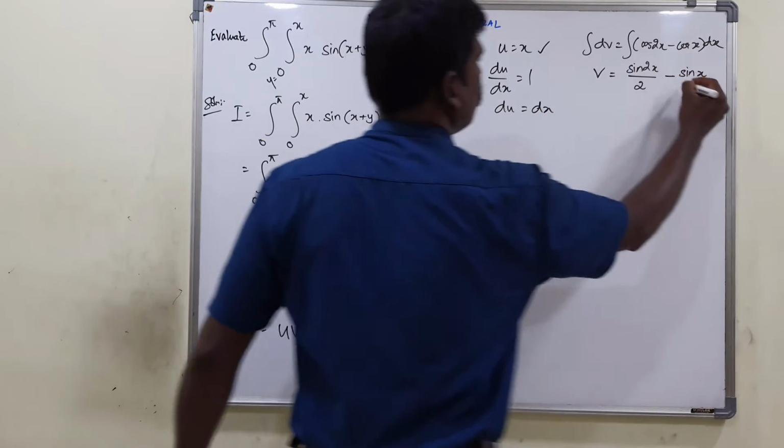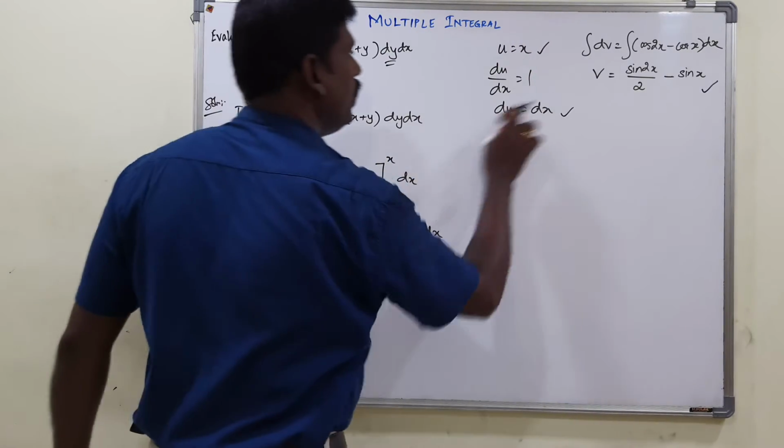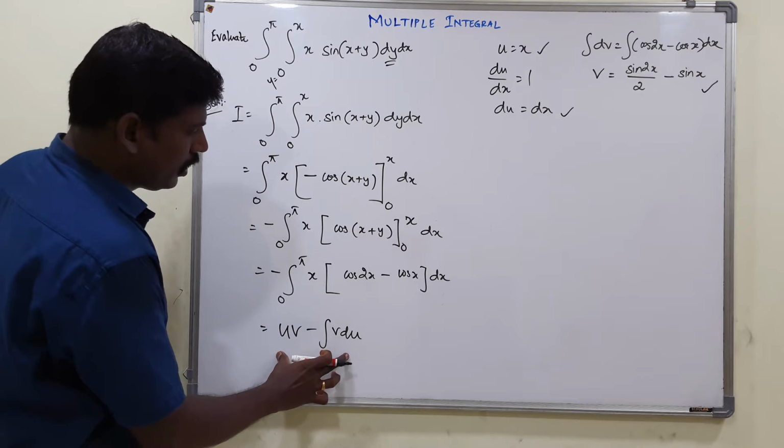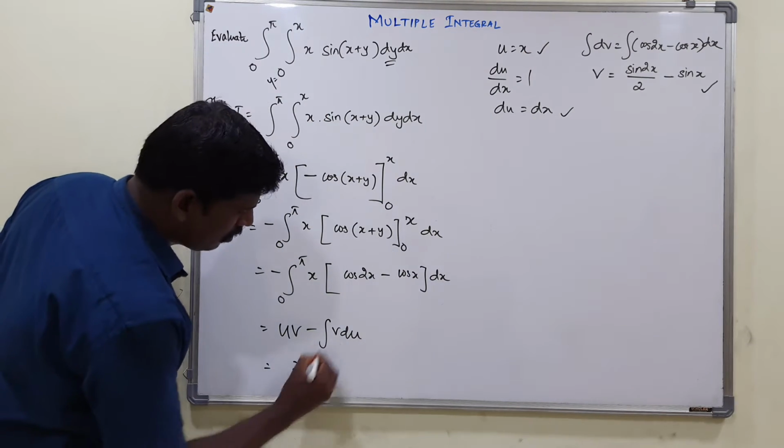So we can use these results, u, v, du. Apply everything here and you can get the answer. What is u? u is x. What is v?